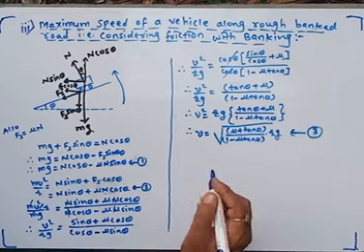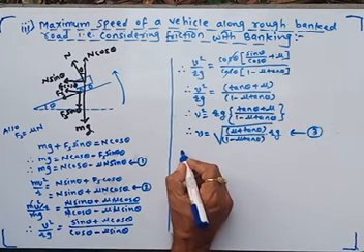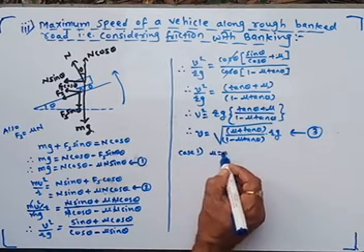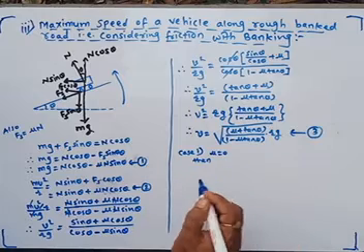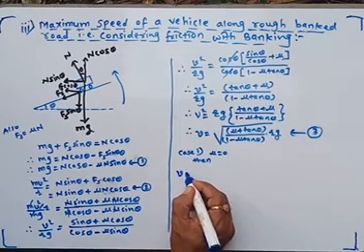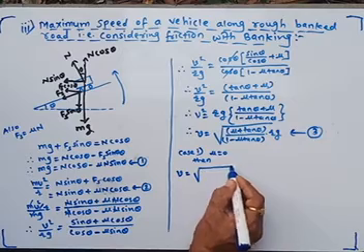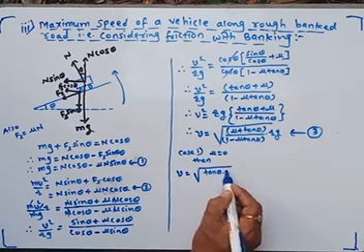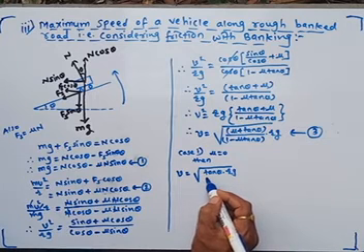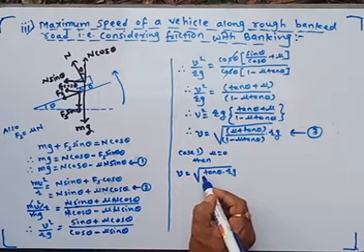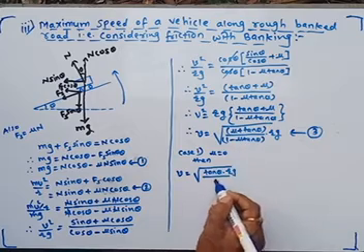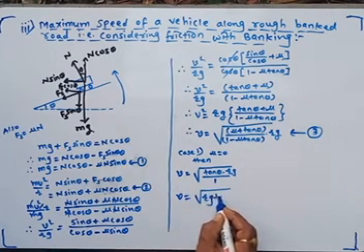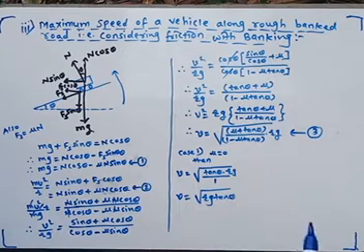Case 1: if friction is absent, that means mu equal to 0, then equation 3 can be written like this, v equal to square root of tan theta into rg, and 1 in the denominator, means v equal to root rg tan theta, only considering the banking.